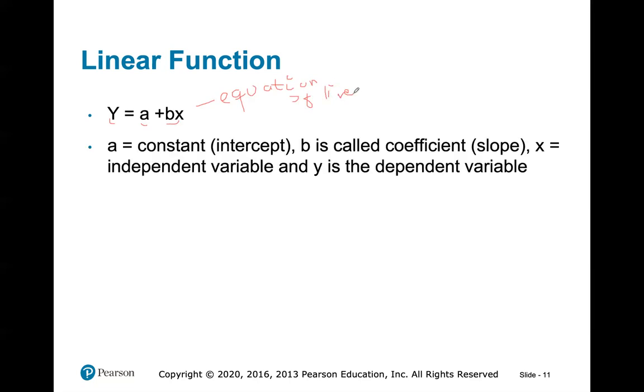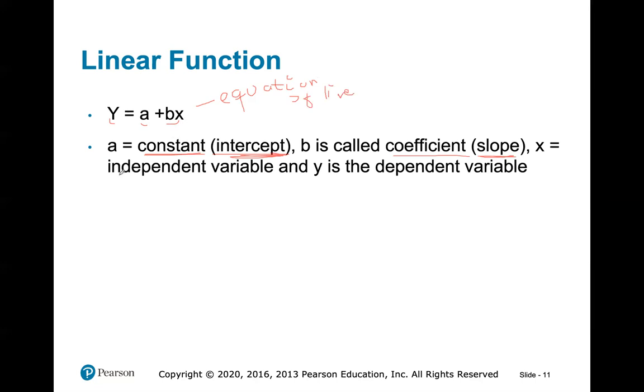The a here is your intercept, also known as a constant. You can use both words for it. And b is the coefficient, also known as the slope.